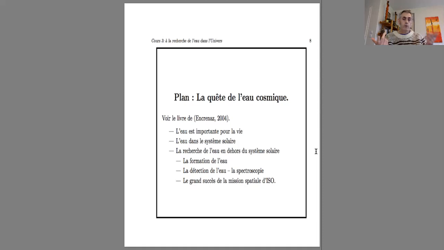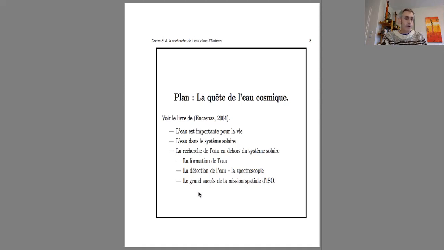And so we'll go into some theory about how water is formed. We'll talk about the detection of water, because we're talking about detecting something that's thousands of light years away, or millions or even billions of light years away. How on earth do you do that? Well, I have to give you some background on spectroscopy.